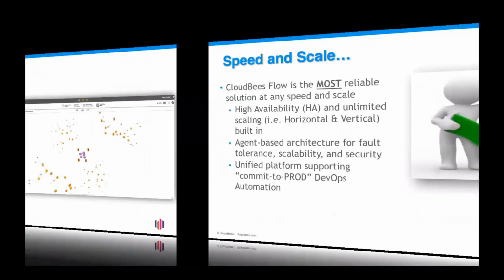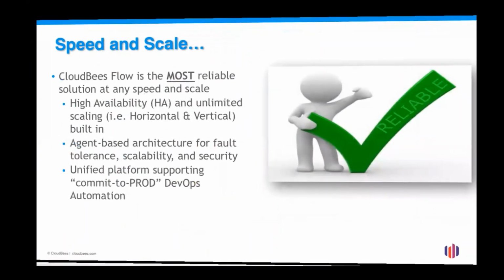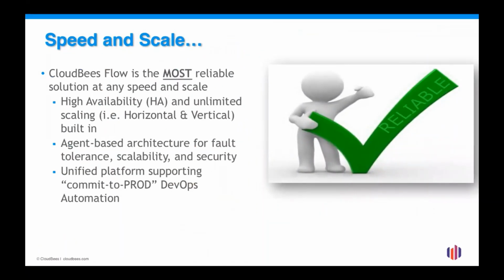That said, just to close the characteristics, because it's also very important, we are talking about a tool that manages the complete process, that touches the production. And this is also the reason why in the history of Flow, we wanted to make the most reliable solution, whatever the speed and whatever the scale.